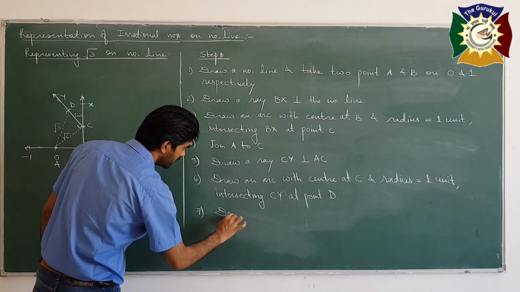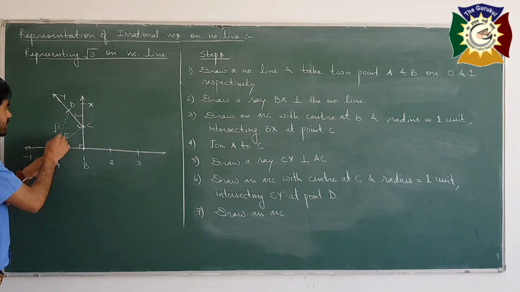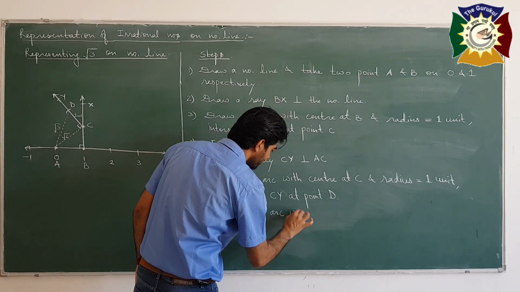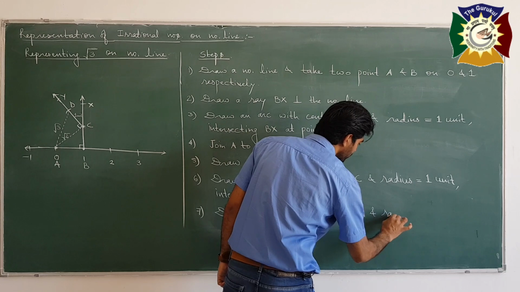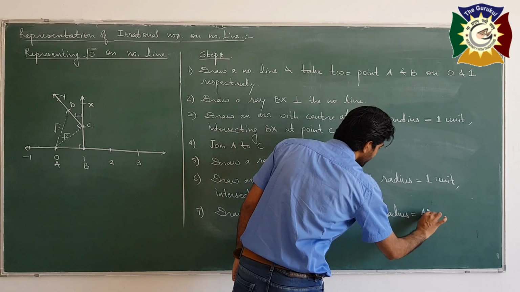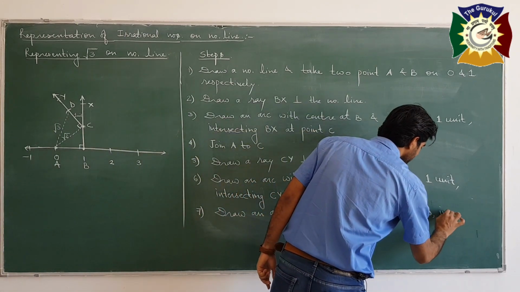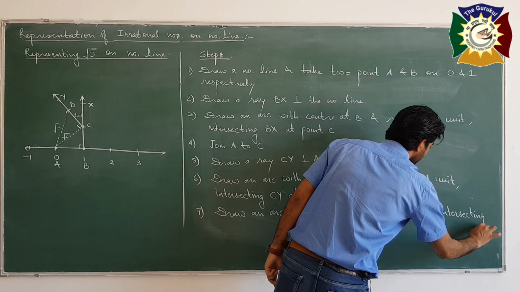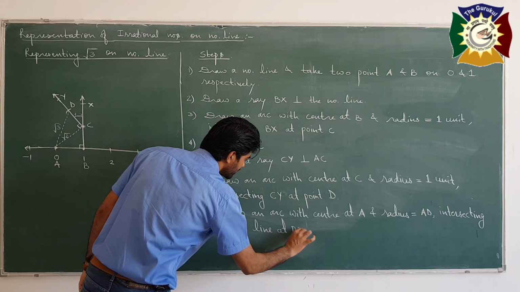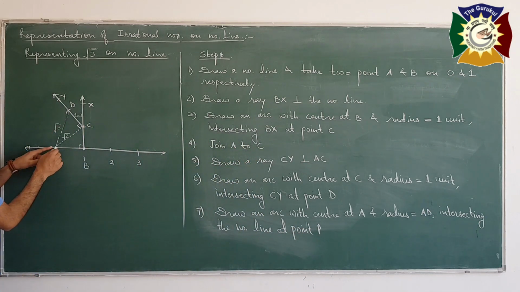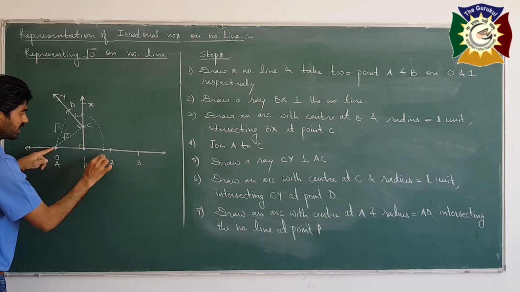Step 7: draw an arc by taking center at A and radius equal to AD, intersecting the number line at point P. We put the compass here, bring the pencil here and draw the arc like this. It will intersect the number line at this point P.